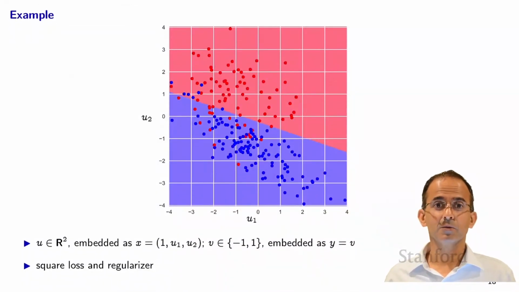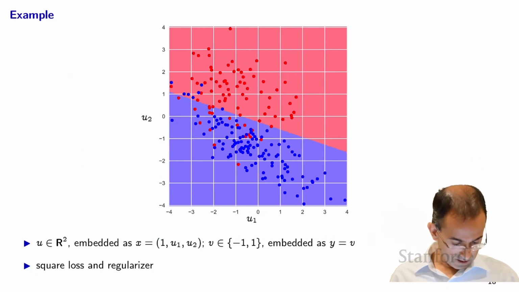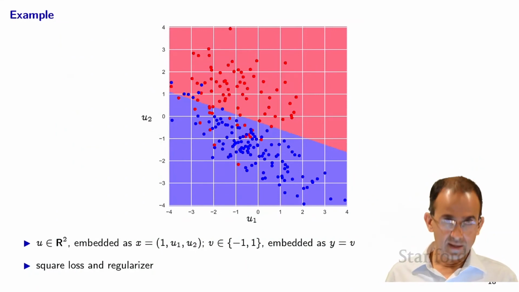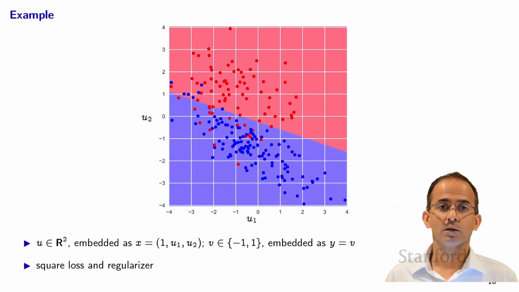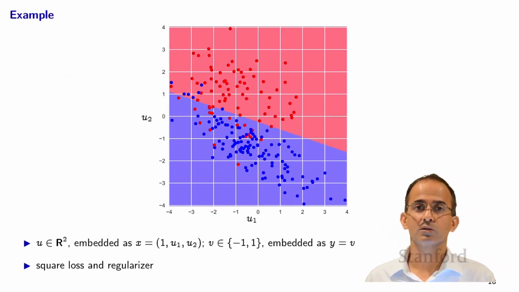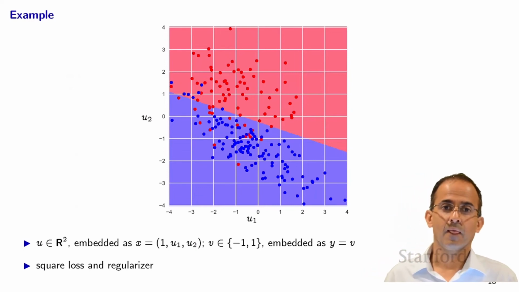Here's an example in 2 dimensions, and we see that it kind of works. Here I've got u in R2, embedded in R3 as 1, u1, u2, remember we've got the constant feature, and we've embedded minus 1 and 1 just directly as y is minus 1 or y is 1 as our 2 representatives.